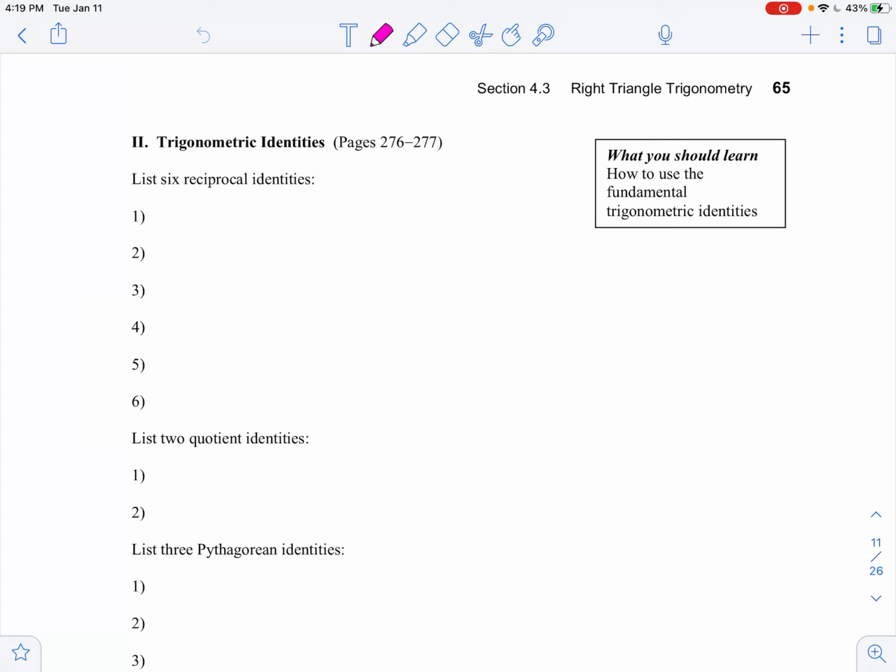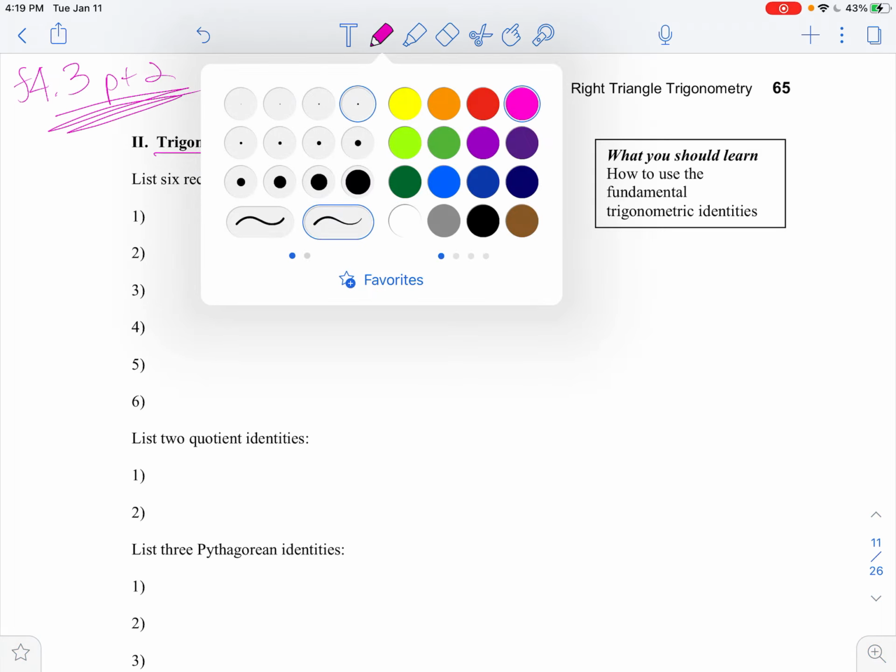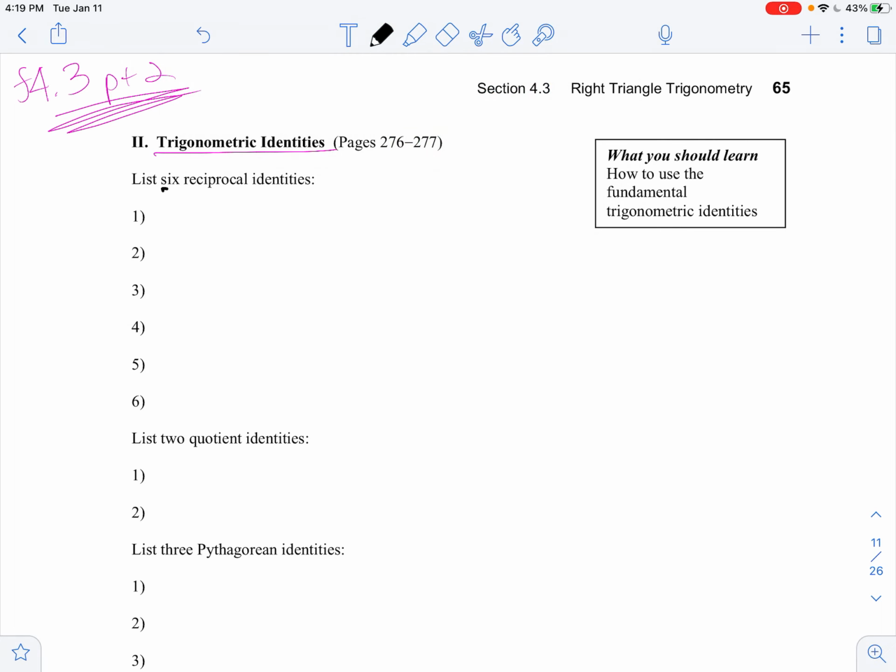Hey, today we're talking about section 4.3, part 2, and we're talking about trig identities. If we're talking about the 6 reciprocal identities, I know that sine theta is equivalent to 1 over cosecant theta, and cosine theta is equal to 1 over secant theta.